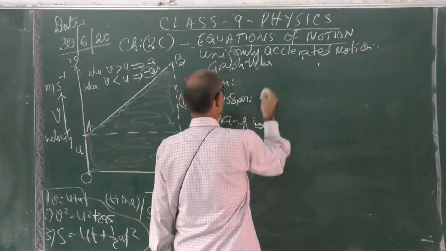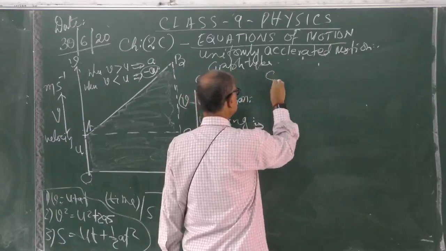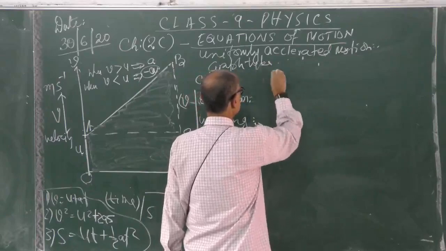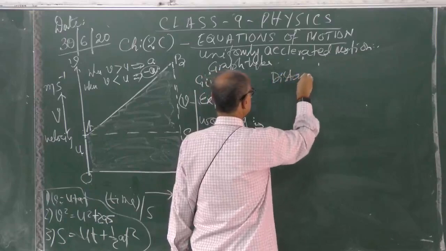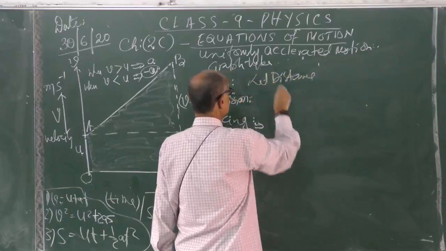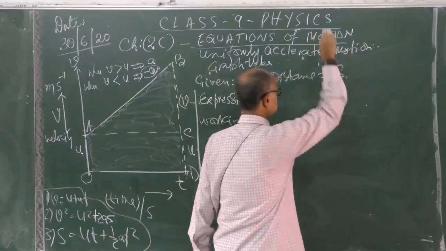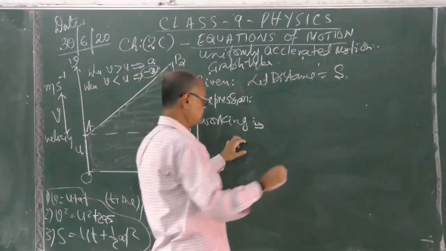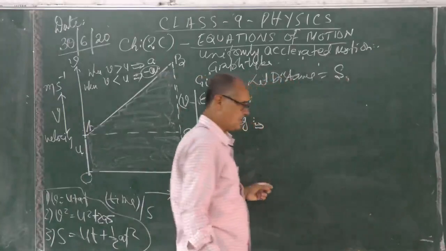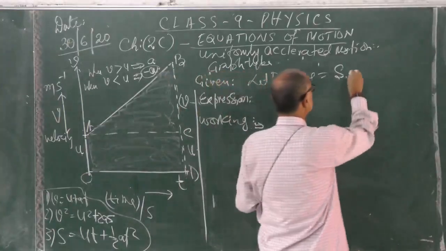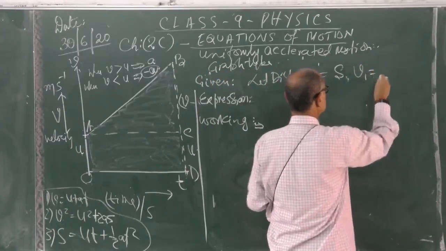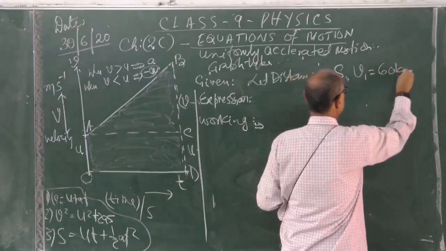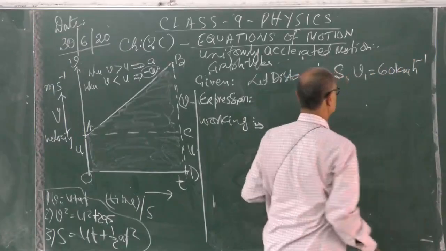First, the distance: let the distance be equal to s. Then the first speed, v1, is equal to 60 kilometer per hour.